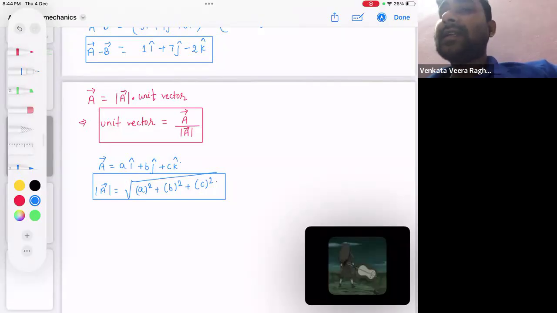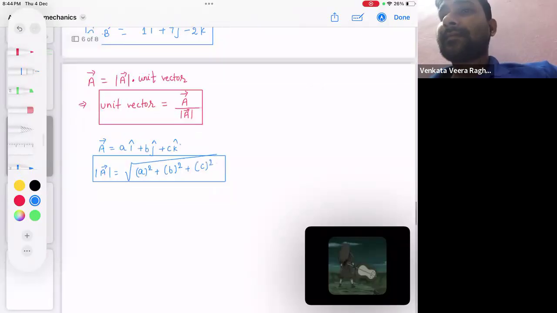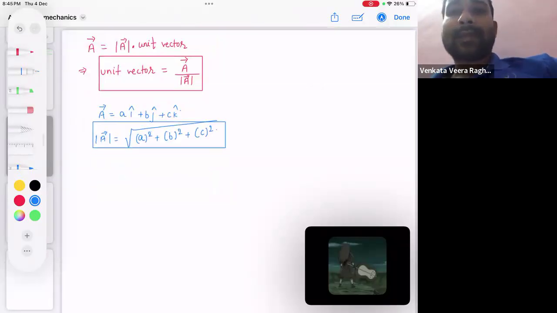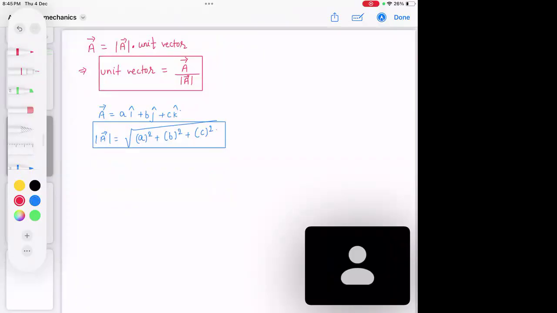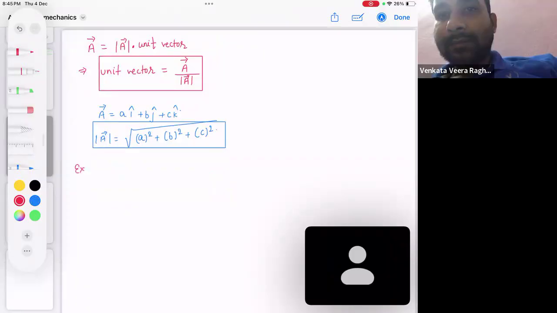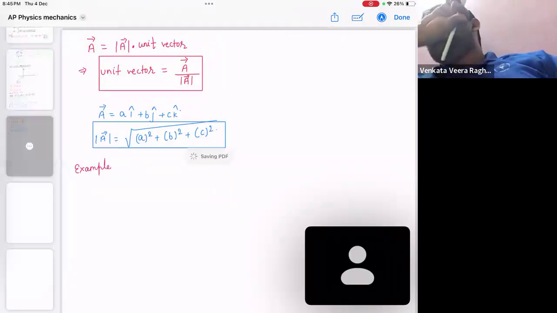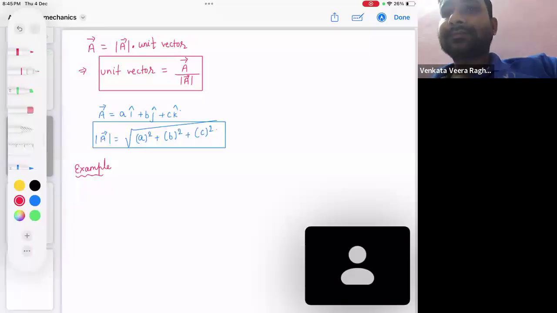By dividing by its magnitude. Is that clear? Okay, so now let's take an example and try to understand how we are going to convert a vector into a unit vector.